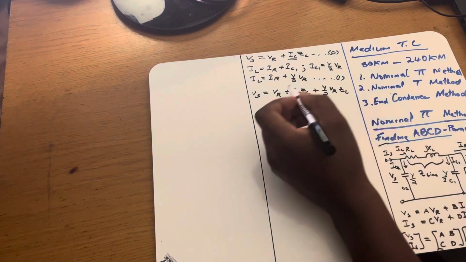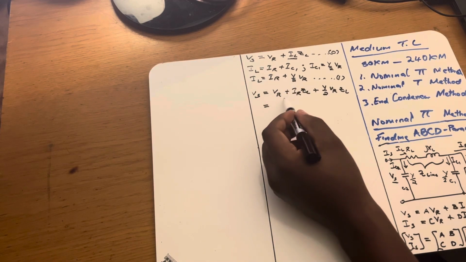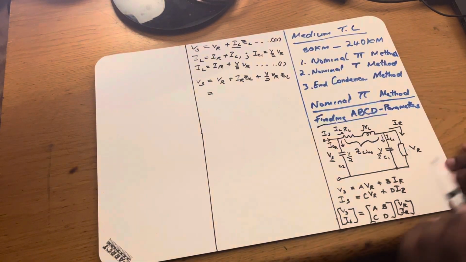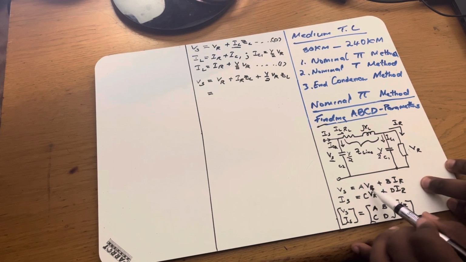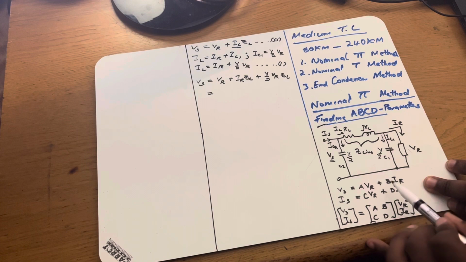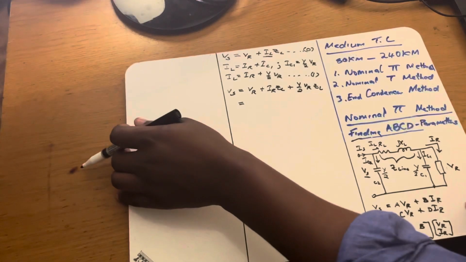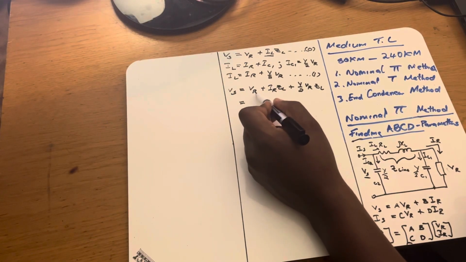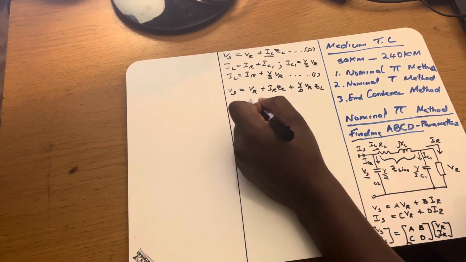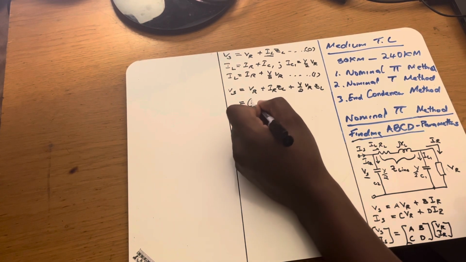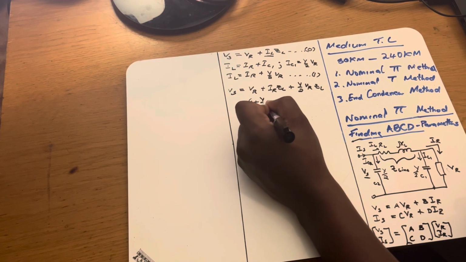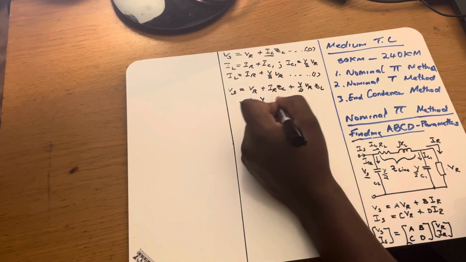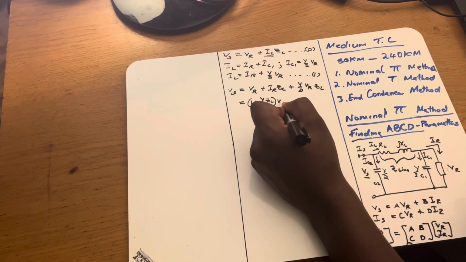And now we need to write this equation in terms of the coefficients of VR and the coefficient of IR. Let's go ahead. We have VR here, and VR here, so there's a common factor. We can take VR out. We'll be left with 1 plus Y over 2 Z line multiplied by VR.